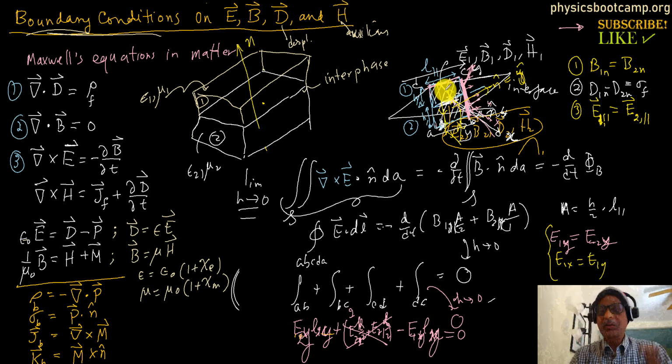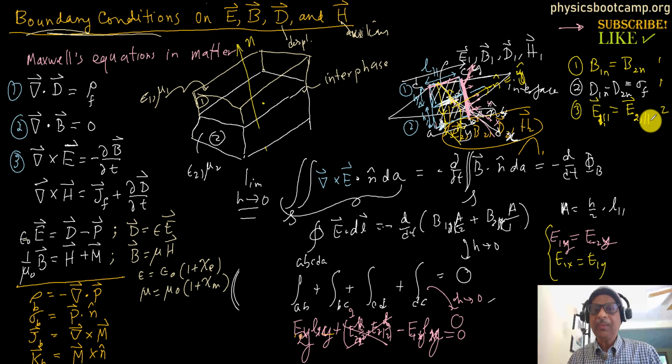So along the boundary, the parallel component of the electric field above is the same as below, just comparing at the boundary. That's a very important result, because this has two conditions here, since it is a two-dimensional vector along the plane.